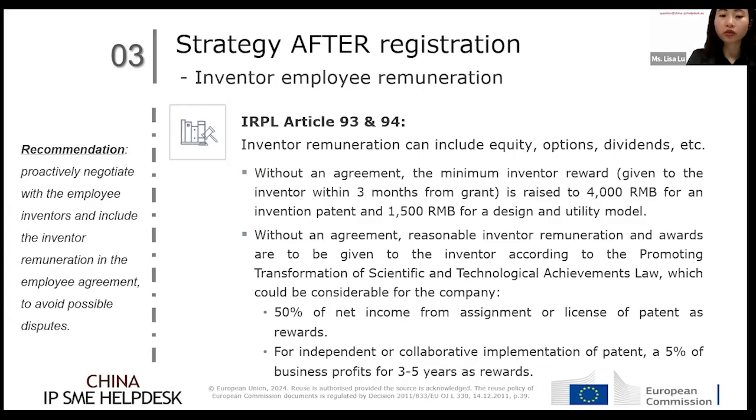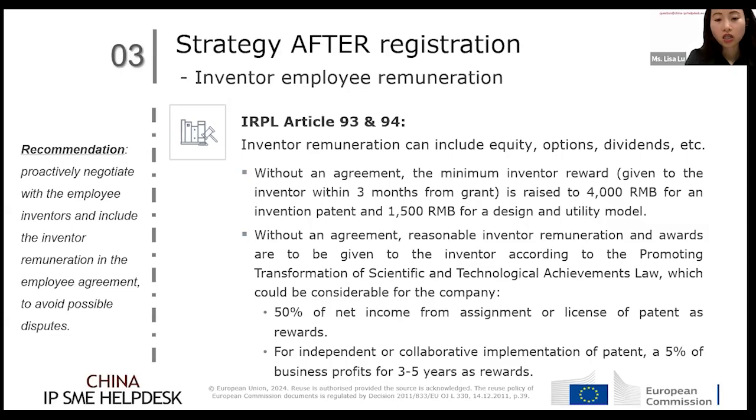So if you do not have the employee agreement, you should check it. And again, without an agreement, reasonable inventor remuneration and awards are to be given to the inventor after you commercialized your invention. That includes either 50% of the net income from assignment or license of the patent as rewards, or for independent or collaborative implementation of the patent, 5% of business profits for 3 to 5 years as rewards.